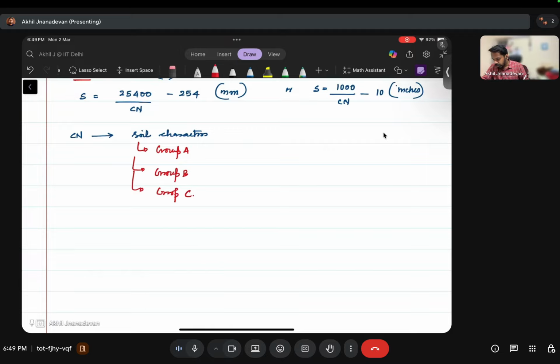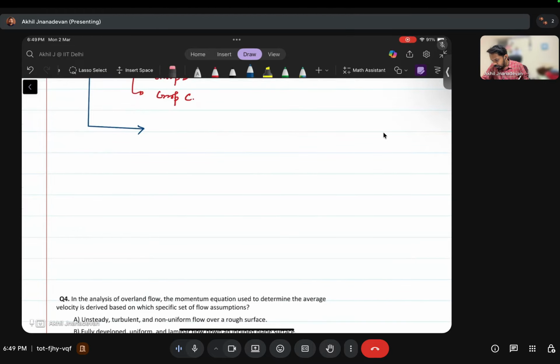Another thing the curve number depends on: one is soil characteristics, which we already saw. The next thing is the land use.